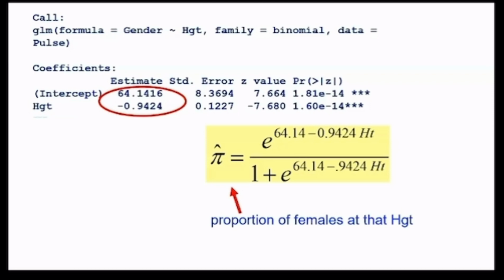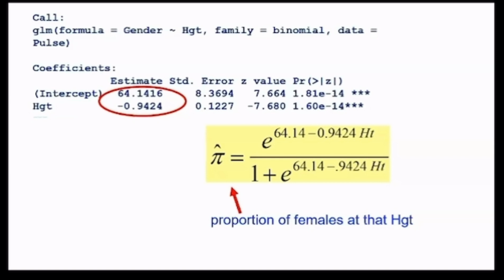Now, if I'm taking the proportion of female, then it means I'm assuming I coded female as 1 and male as 0. Based on that, pi cap represents the proportion of females at that height. So what I have in my numerator is female.